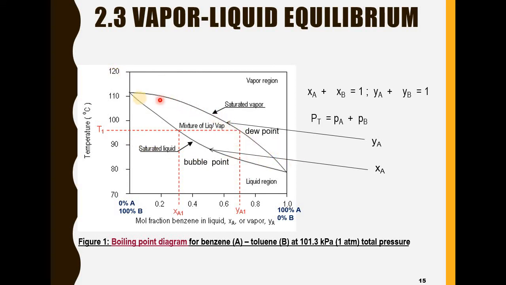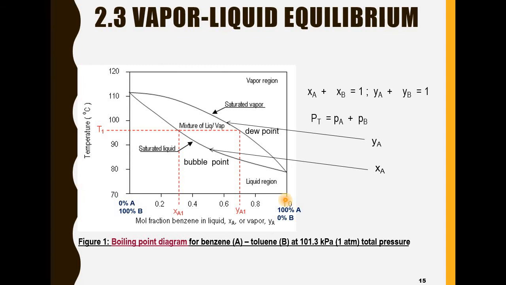The curve at the top we call the saturated vapor, while the curve at the bottom is the saturated liquid. The fractions inside these curves are in the form of a mixture of liquid and vapor. This is what this graph is all about.